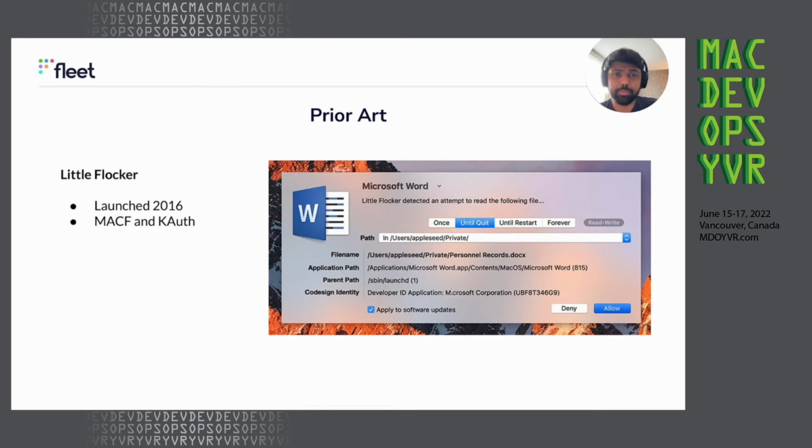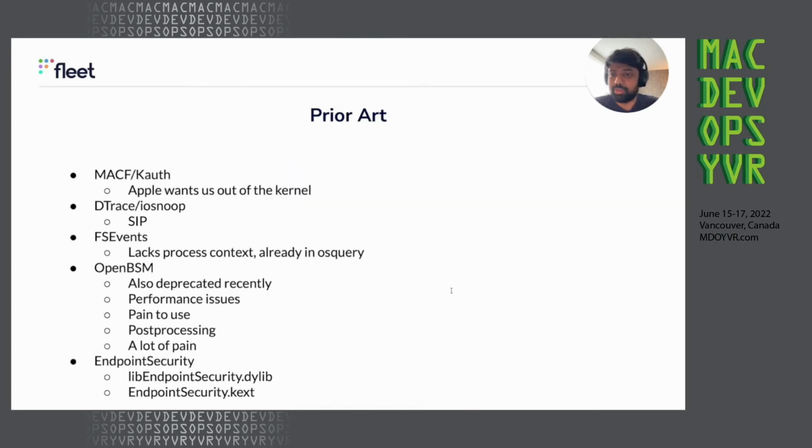This approach works, but it requires us to be in the kernel, and Apple has deprecated KAuth, and Apple really wants developers out of the kernel, and I would argue for good reason. So what are some of the other approaches we could take to implement this? Well, there's dtrace, iosnoop, execsnoop.